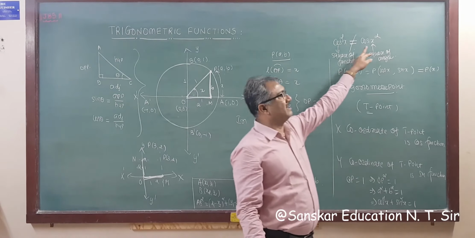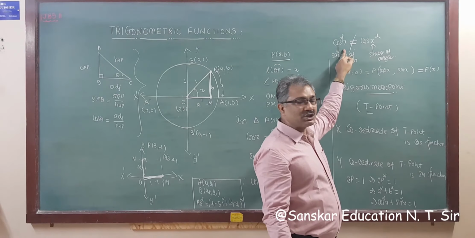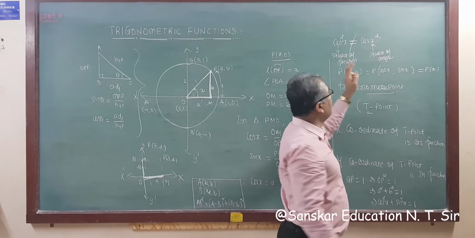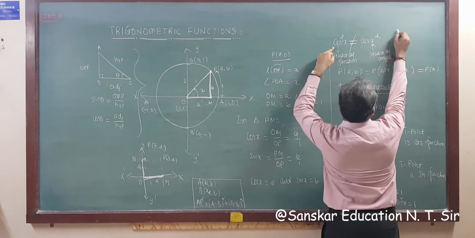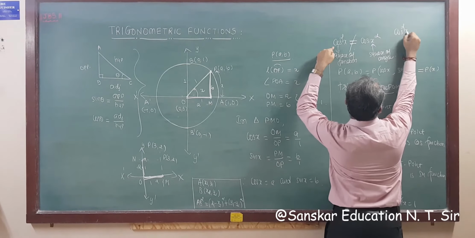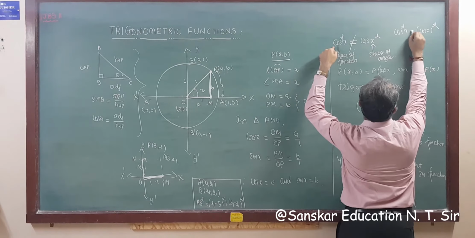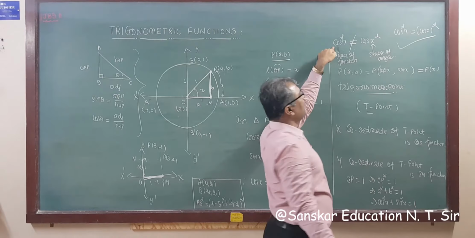Never write like this. If it is a function square, cos square x, and you want the whole square like this, then you have to put a proper bracket, that is cos square x is equal to (cos x) whole square. So this is your correct answer, but this is not.